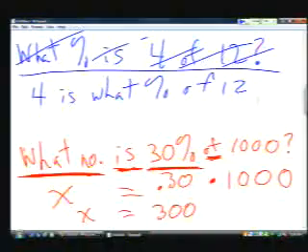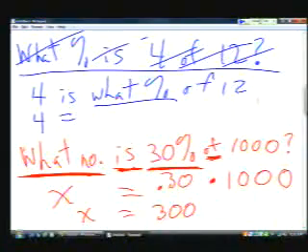Because now you just write this in algebra. 4 is translates to what, Courtney? Equals. What percent? We have no idea, so I'm just going to say n. I won't scare you as much this time. Of 12. Four is what percent of 12? And of translates to times, so n times 12.